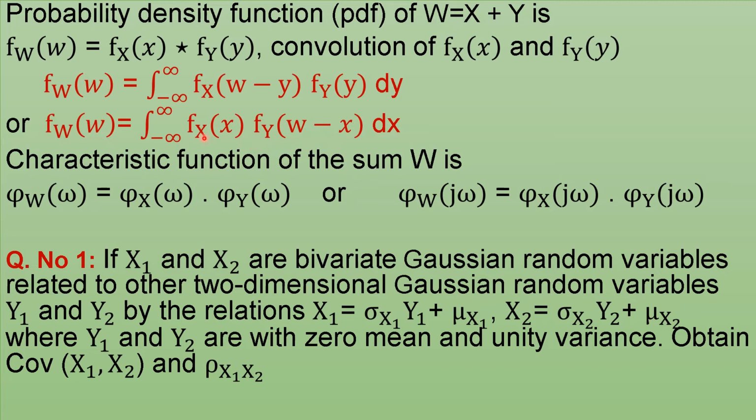Knowing fX(x) and fY(y), you can write what is fY(w minus x). So these two you have to substitute in the integral, then you need to complete the integration part.